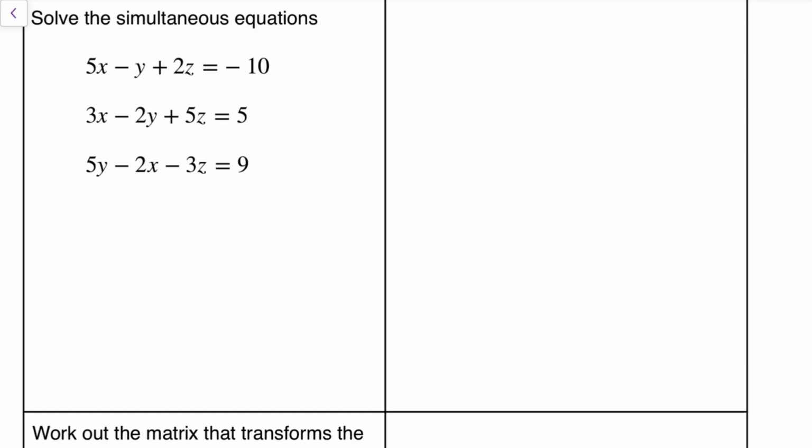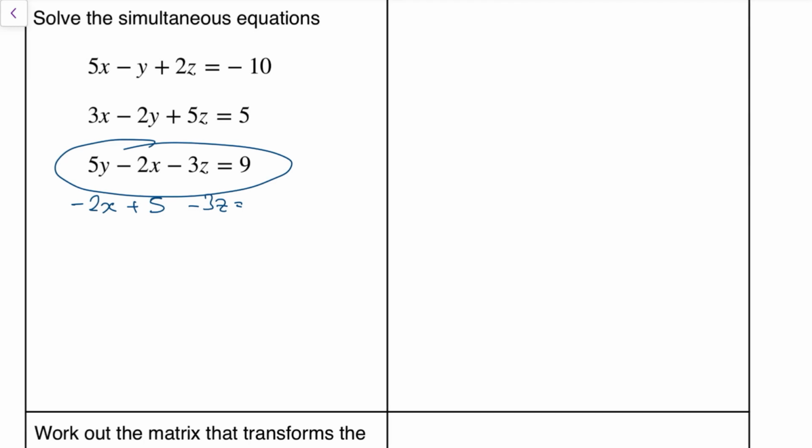Next question, and we have a simultaneous equation question. Boo. Right. And actually, I've just noticed something: that, and I presume that is intentional, is written back to front, which is not very nice at all. So let's start by writing this out in the correct way. So 5x minus 3z, not x, that's a y, that's the whole point, 5y is equal to 9. So I'm going to call this equation 1, this equation 2, and the rewritten version equation 3. Now, none of the numbers look brilliant, do they?